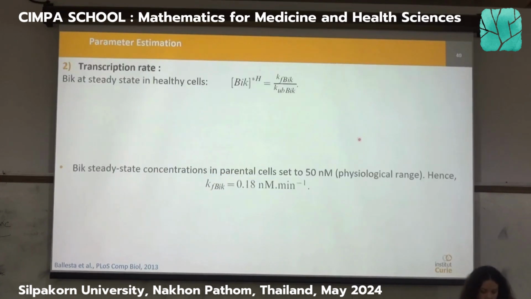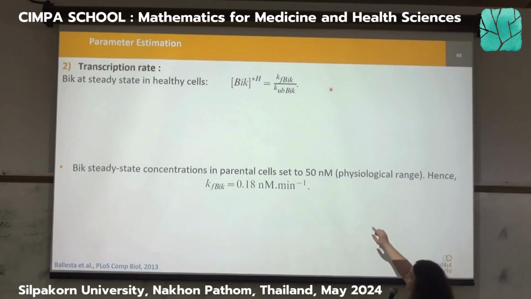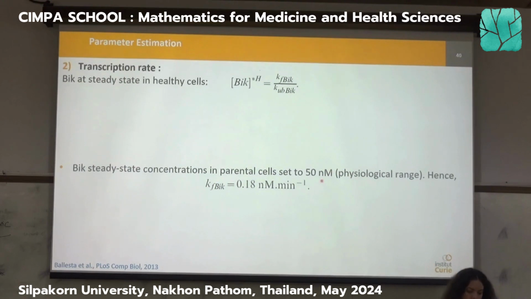From the steady state, you get this equation for Bic in normal conditions. Because you already have the value of K of Bic, and also because you set the Bic at steady state to 50 nanomolar, something that we have taken from the literature, which is an assumption, an additional piece of data, you can easily compute Kf Bic, the transcription rate.